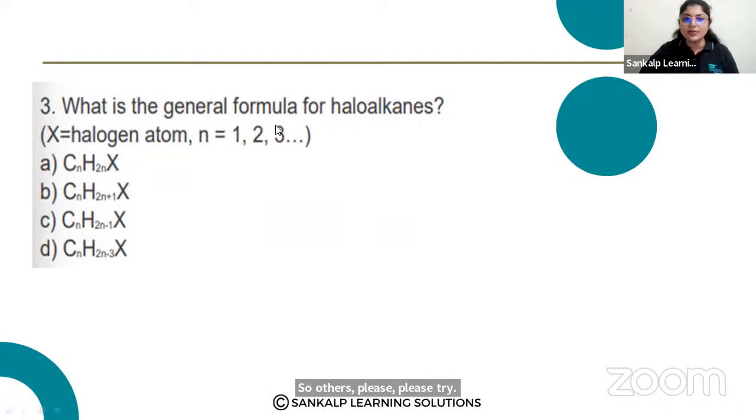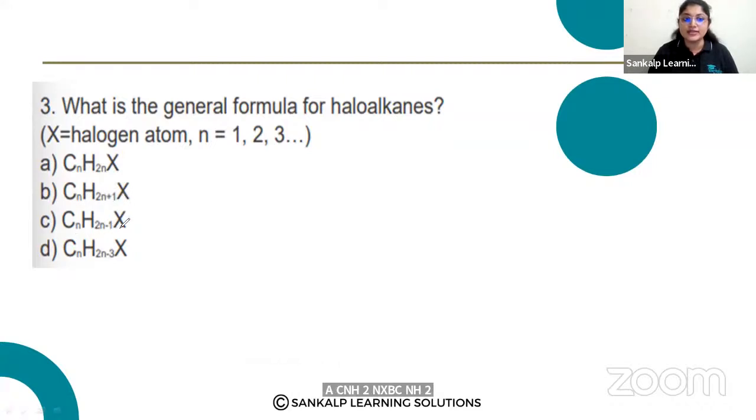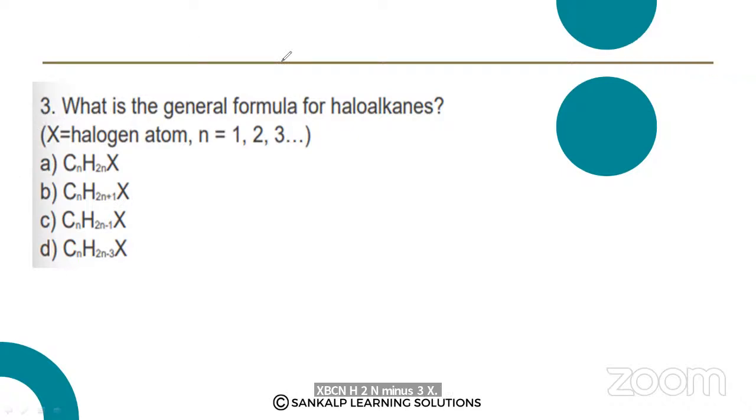What is the general formula for haloalkanes? X is the halogen atom, n is 1, 2, 3, etc. These are the options: A, CnH2nX; B, CnH2n+1X; C, CnH2n-1X; D, CnH2n-3X.